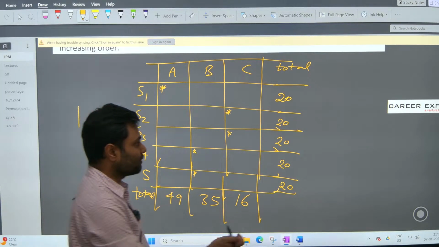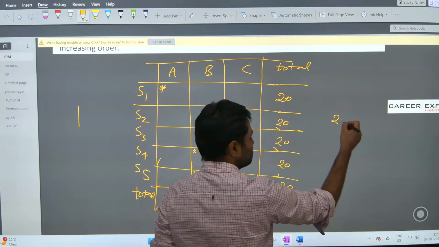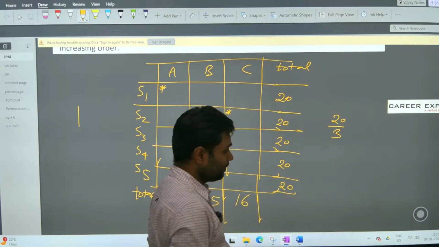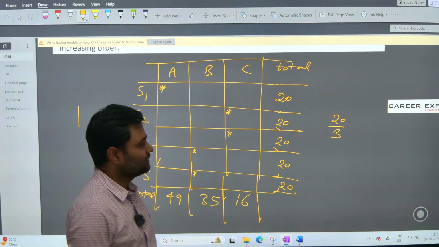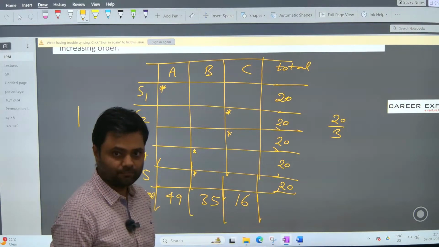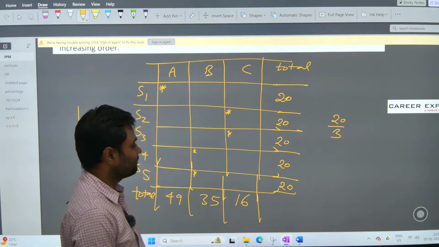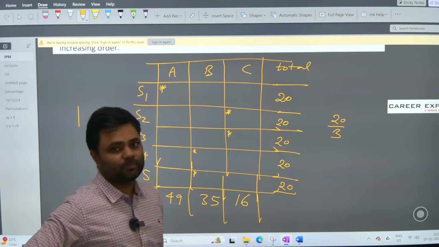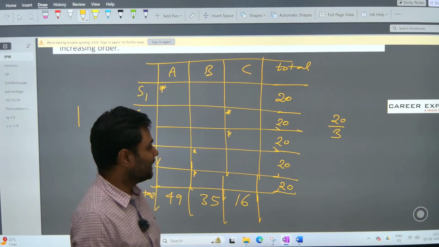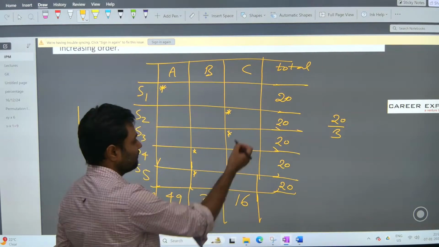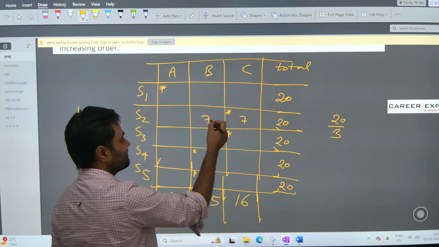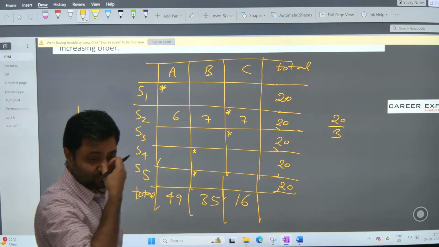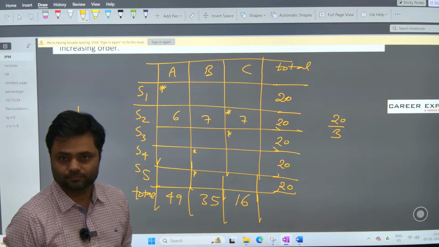So there are total 20 votes. If I divide these 20 votes equally in all parties, then all of them will get 6.6 votes, right? That means if a single party gets 7 votes, then that party may not be a winner. If I give 7 votes to this party, then this party can also get 7 votes and this party can get 6 votes. So there will not be a clear winner, right?